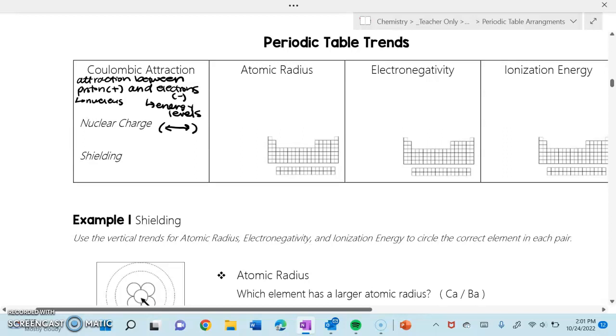So as a result, as protons are added, the nucleus becomes stronger going from left to right. More protons equals stronger nucleus. And as a result, our atom will be pulled more tightly in. So it'll get smaller, and the electrons will be pulled much more tightly towards the nucleus.